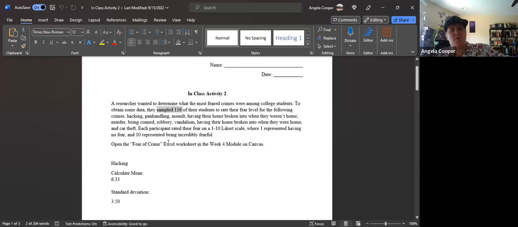So when you're reading problems in this class, when you're looking through a problem to determine which statistics need to be used, or just if it's a population or a sample, look for the number. Look for that 116 or 50 or 1,000 or whatever that number may be.